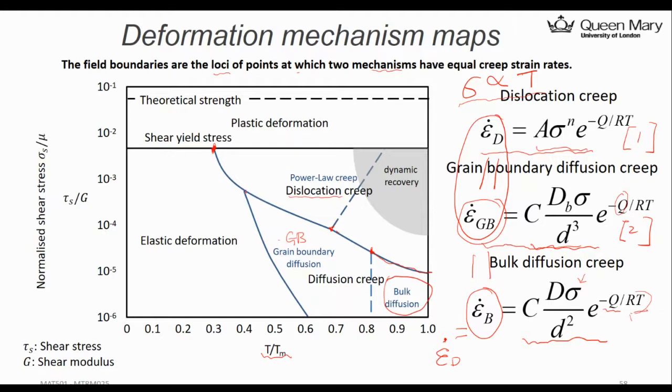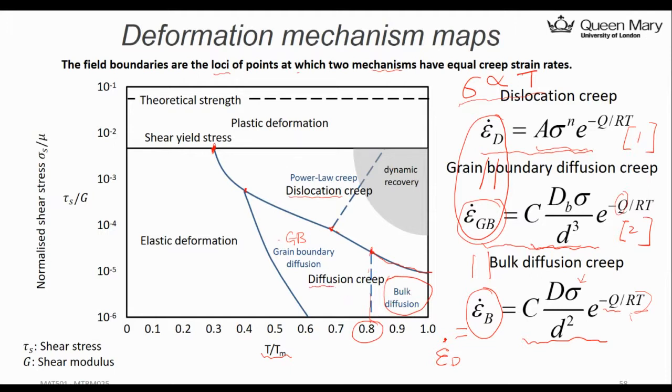And there's another value here, about 0.4 roughly. And there's a diverging curve which gives you the boundary between elastic deformation and the grain boundary diffusion. And at 0.8, there's a vertical line. This should be vertical, between bulk diffusion and grain boundary diffusion.